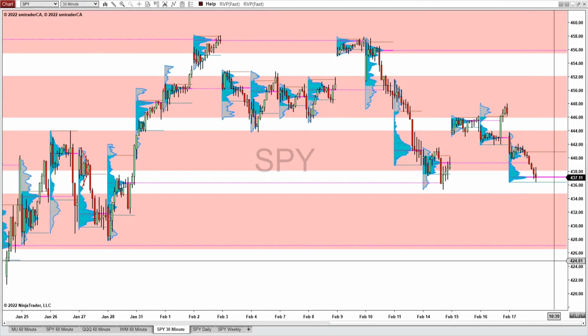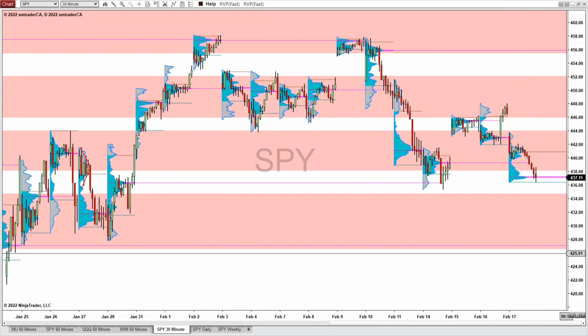Now looking at the daily profile, each one of these profiles represents the day session, the regular trading hour session. You can see today it opened right above yesterday's point of control, then swept back down and broke below yesterday's value area. It tried to get back above it and was unable to do so.